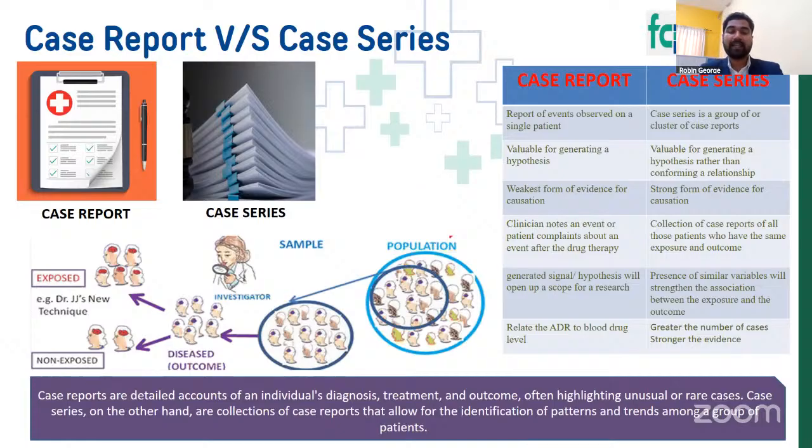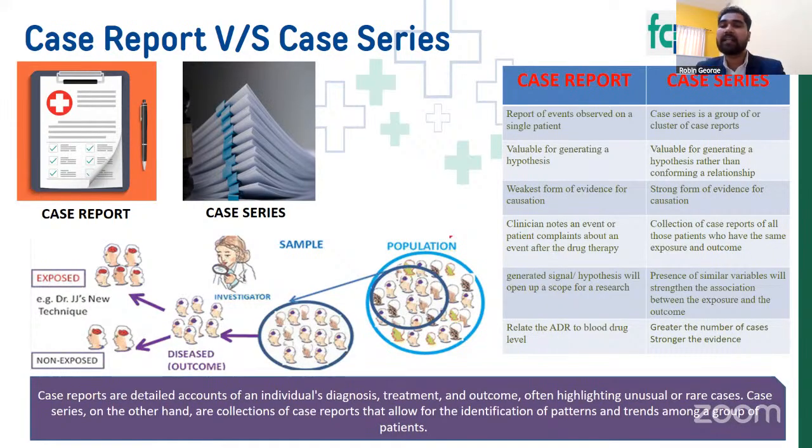You can see the difference. One patient was given phenytoin and experienced Steven-Johnson syndrome. This is absolutely a signal generation or hypothesis generation.